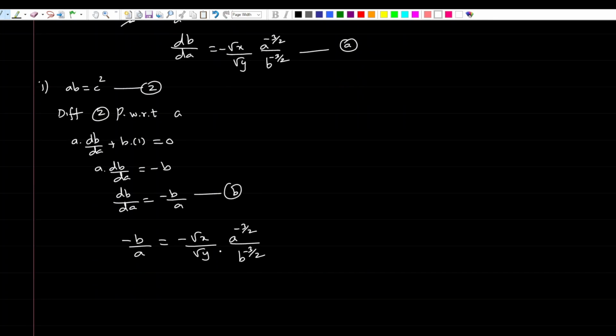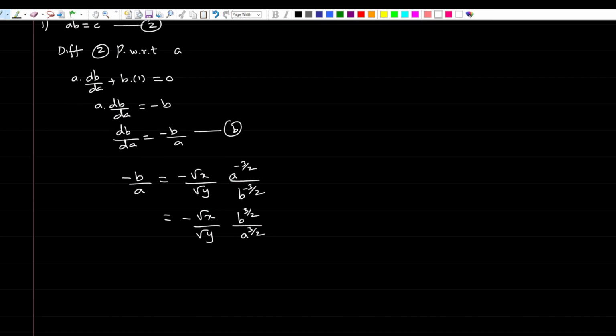Okay. Therefore, we can write this as minus root x by root y, b power 3 by 2 divided by a power 3 by 2.